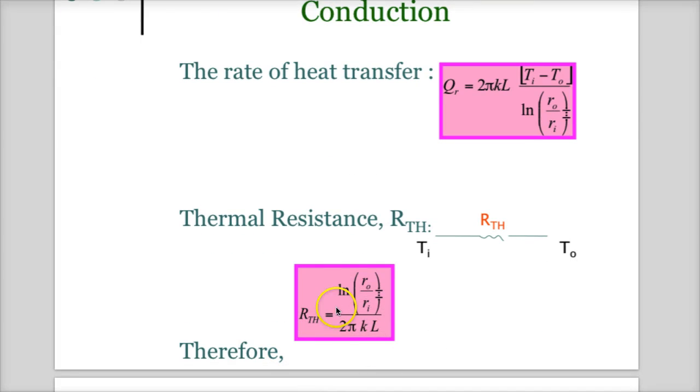R is the bottom over the top, because R is 1 over R. Together, it is the other way around.